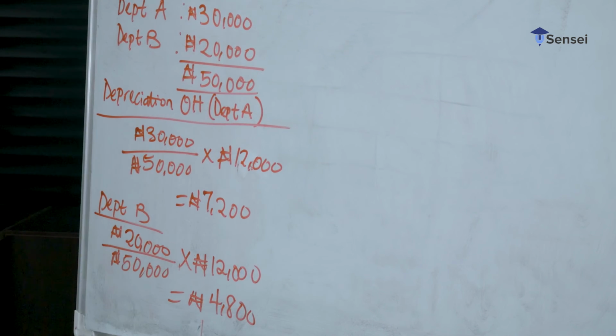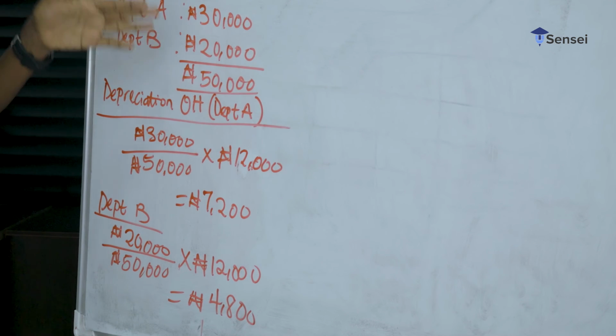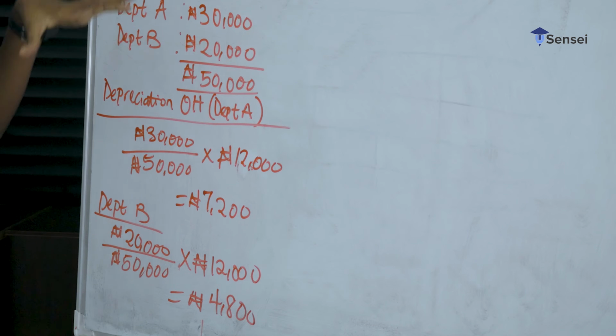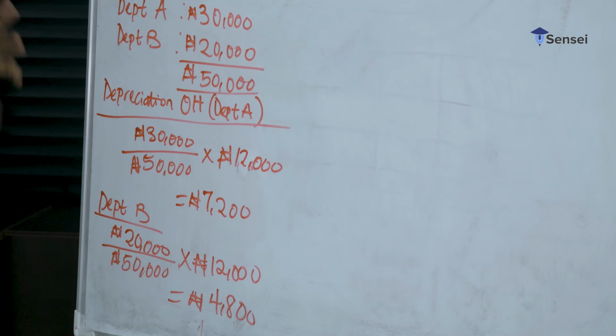So this explains how we arrive at the 7,200 naira for depreciation under Department A and 4,800 naira for Department B under depreciation. So move on to the third item.